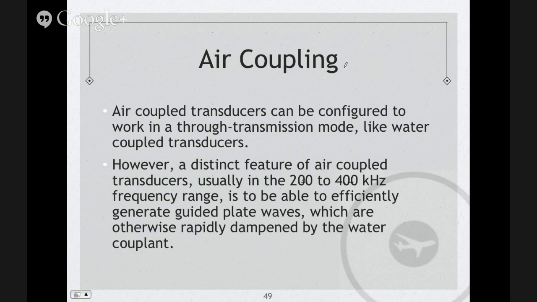When we use coupling, we use 5 megahertz. This is 200,000 cycles per second. This would be 5 million. So air-coupled transducers are obviously a very low frequency, because you don't have that coupling.